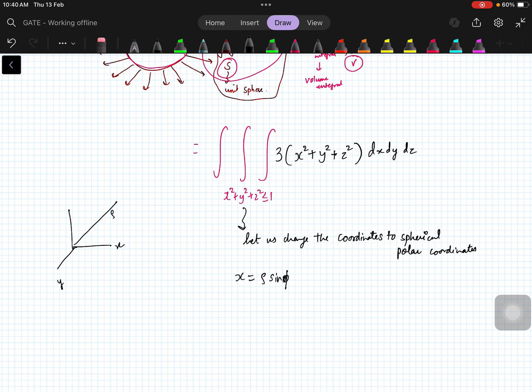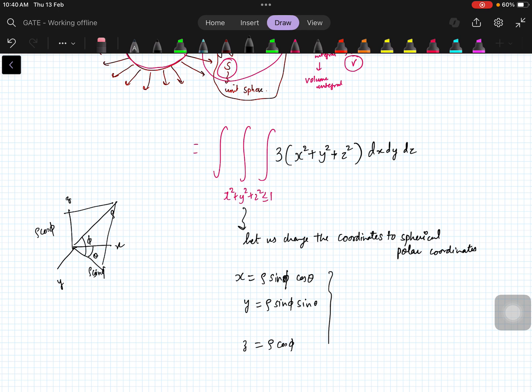Suppose this is my x, this is my y, this is my z, and I take this angle to be phi. Then this becomes rho sine phi, and this becomes rho cos phi. So z is rho cos phi, x is rho sine phi cos theta, and y is rho sine phi sine theta, right?